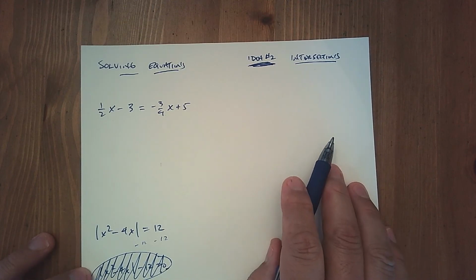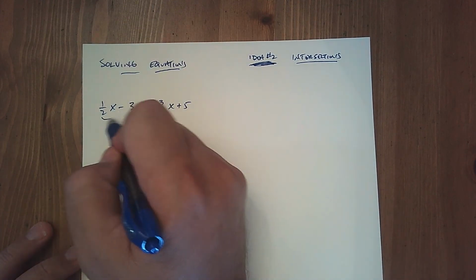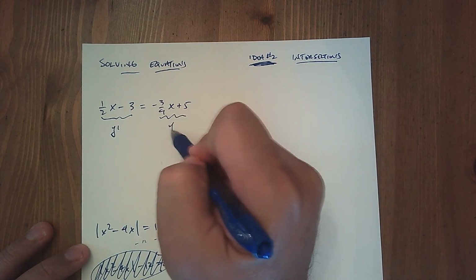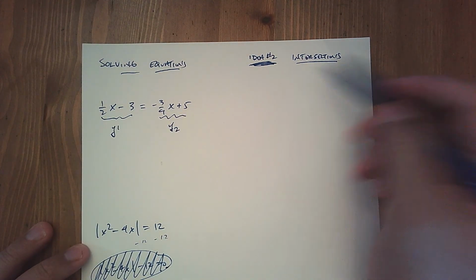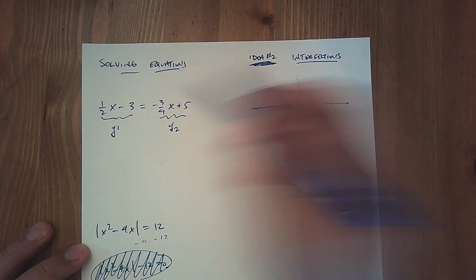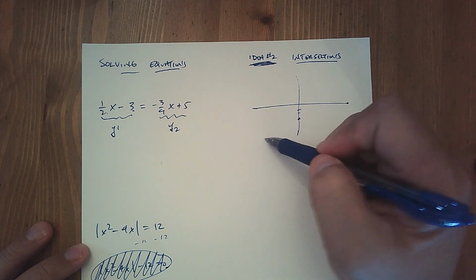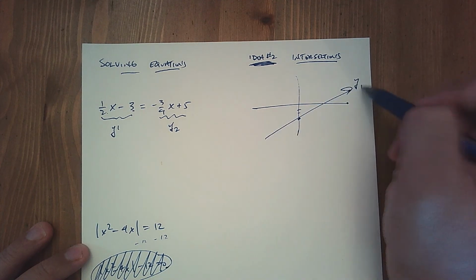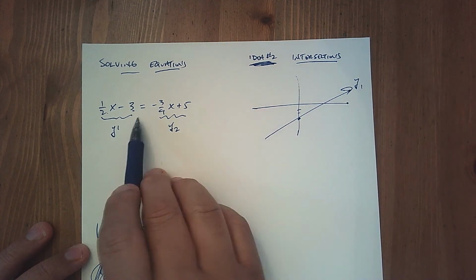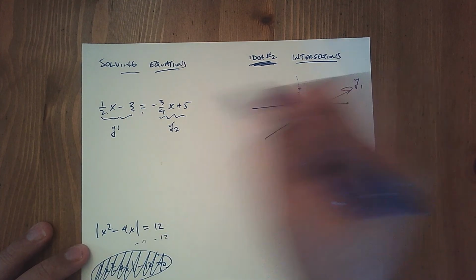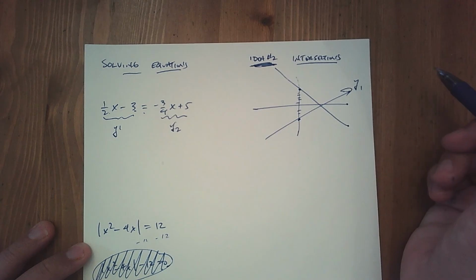So here's the theory behind this, right? If this obviously is a line, let me call it y1, and this is also a line y2. So the theory is if I come over here to graph, right, this y-intercept at 0, -3, and the slope's a half. So that line looks like that, right? So there's y1. And then it's being equal to another line that has an intercept at 5, but a negative slope, so it's running something like that.